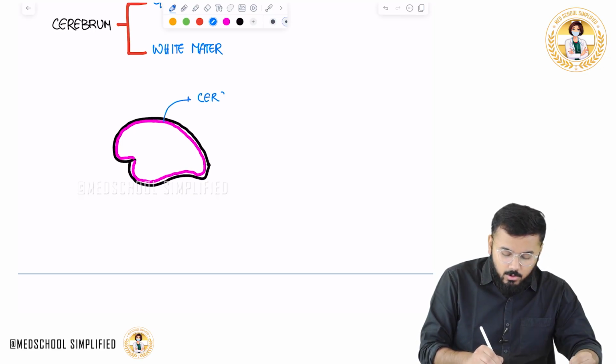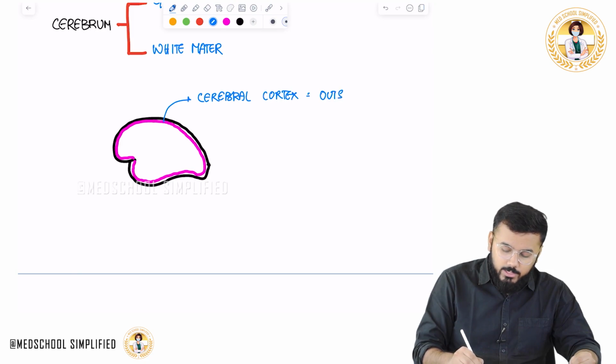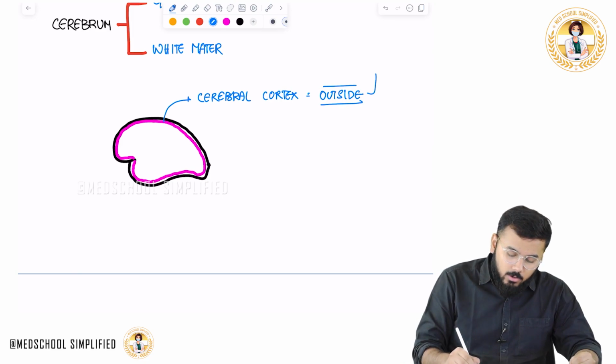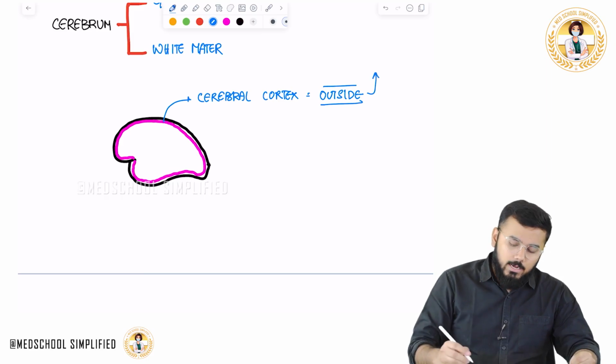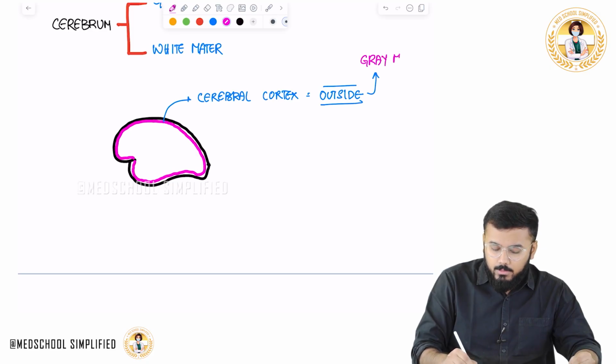This part is called as your cerebral cortex. Where is cerebral cortex present? It is present outside, and this cerebral cortex is having your gray matter.